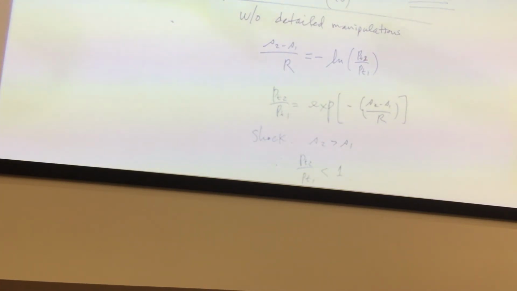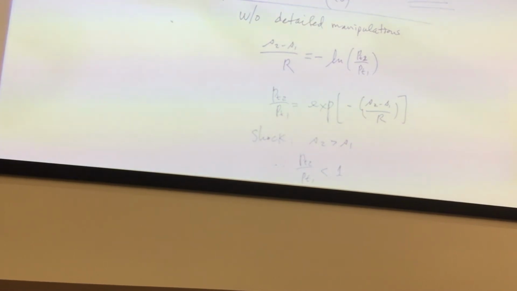In a fluid flow, a shock wave is probably the most non-isentropic process you would encounter. So S2 will be much larger than S1. Physically, this is really what happened. It's the entropy.